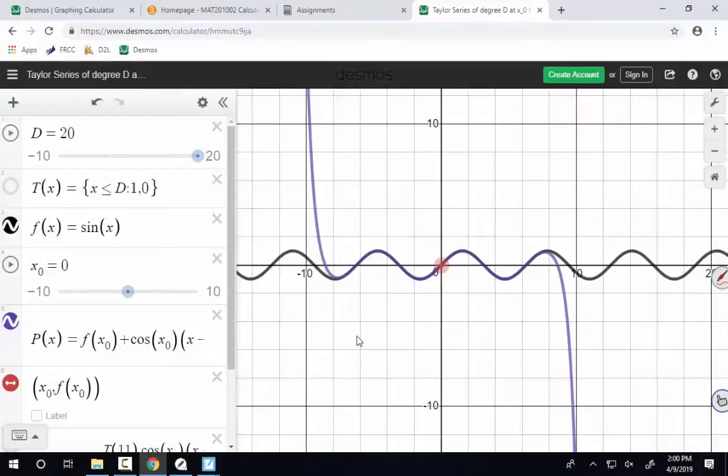I'm not sure how this is programmed, but this is like a 19th degree polynomial approximating sine, as opposed to a linear approximation, a degree 1 polynomial. You could imagine carrying on that process out to infinity. What we would get is complete coverage of the sine function.